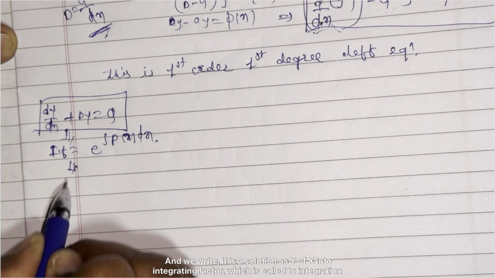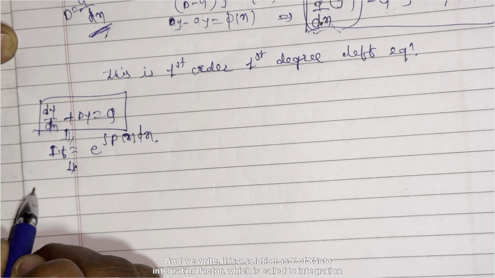We write its solution as y of x into integrating factor equals integration of Q of x into integrating factor dx plus c. So this is the complete solution, the method we use for solving a first order, first degree differential equation.